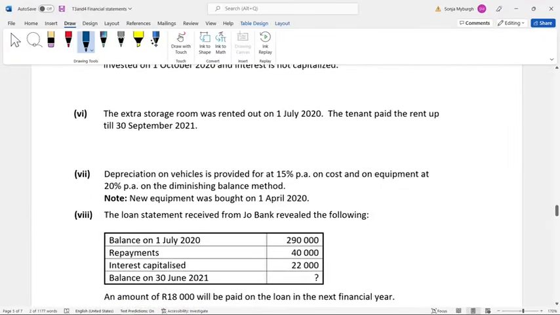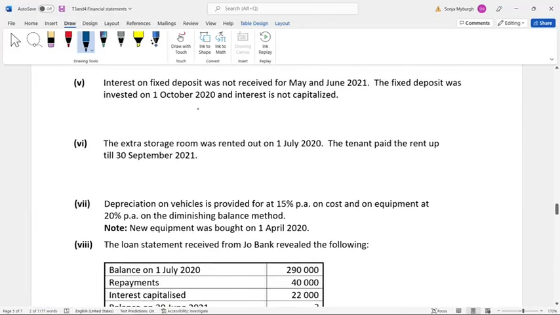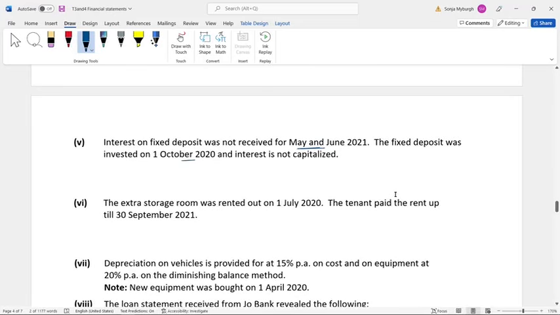Number 5. Interest on fixed deposit was not received for May and June. 2 months interest that we haven't received. The fixed deposit was invested on the 1st of October 2020, and interest is not capitalized. That means we receive the interest monthly.